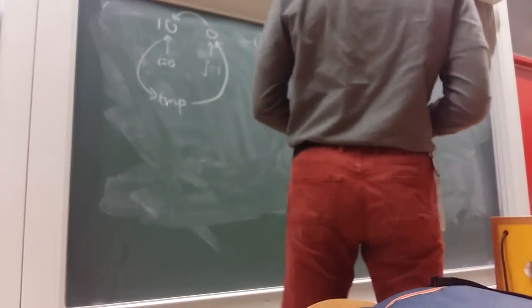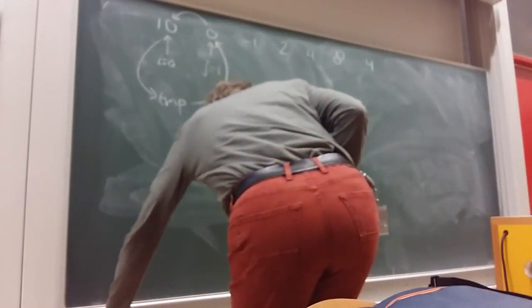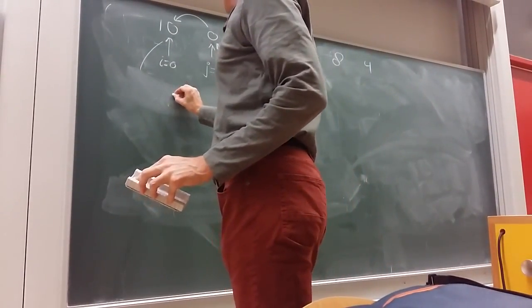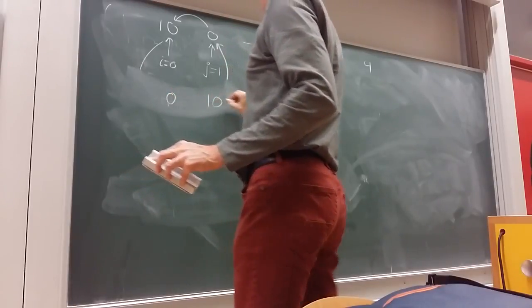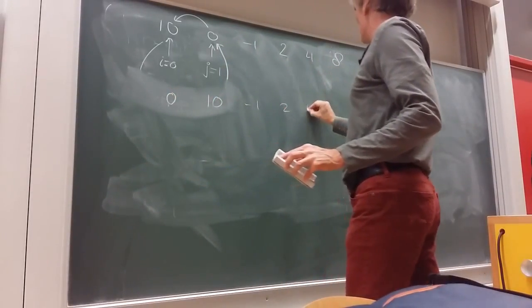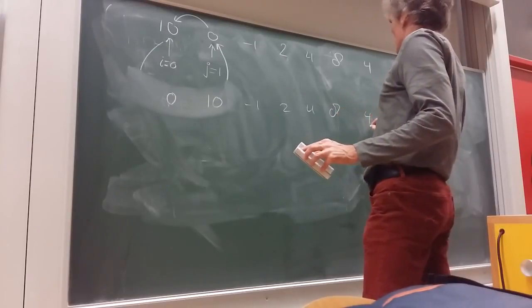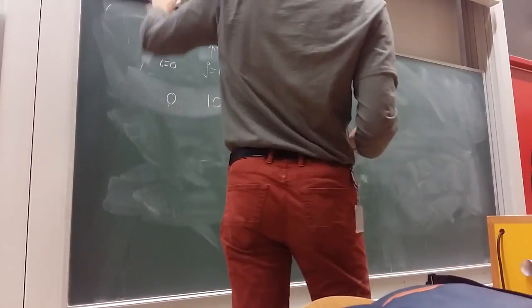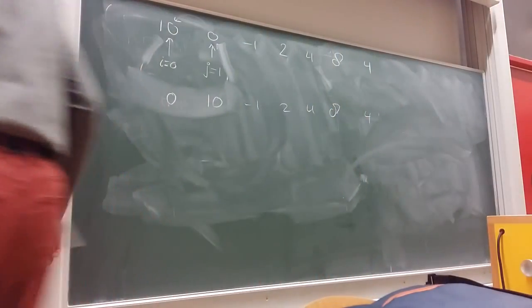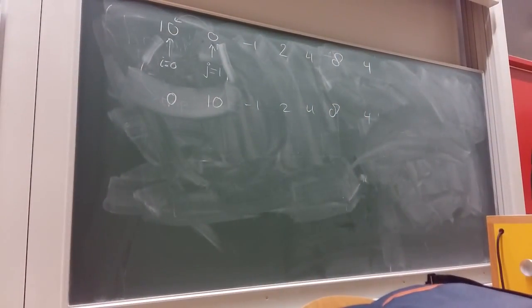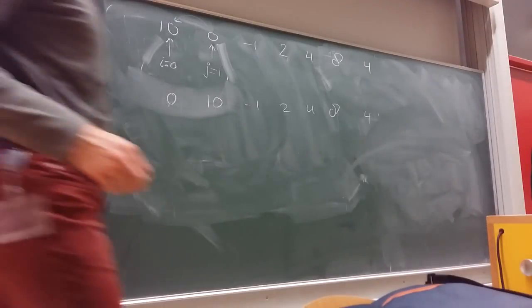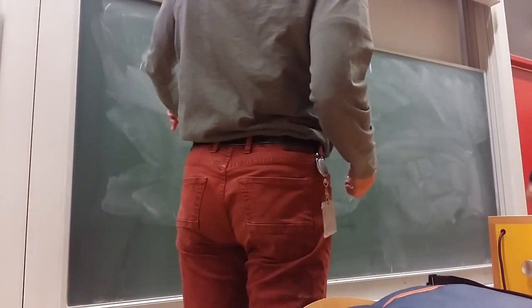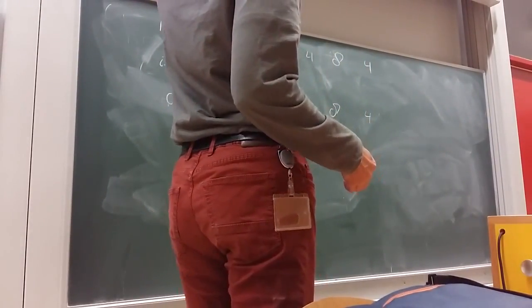Okay, so now the effect of that is that you get the list reordered, where you have 0, 10, minus 1, 2, 4, 8, 4. Now, that's J equals 1.